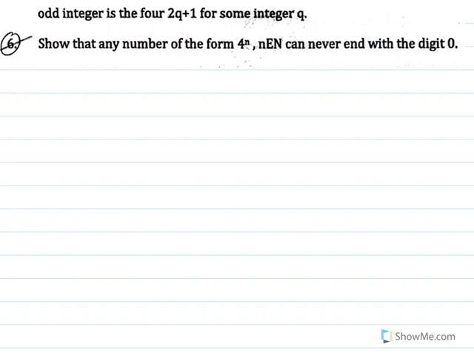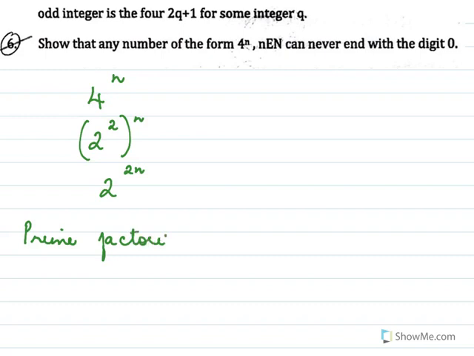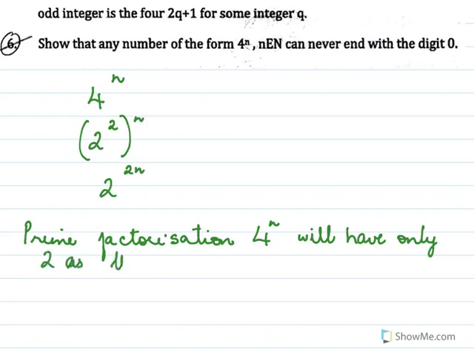Show that any number of the form 4 raised to n will never end with the digit 0. So 4 raised to n, 4 is 2 raised to 2, whole thing raised to n. So 2 raised to 2n. So thus we see that the prime factorization of 4 raised to n will have only 2 as the prime factors.